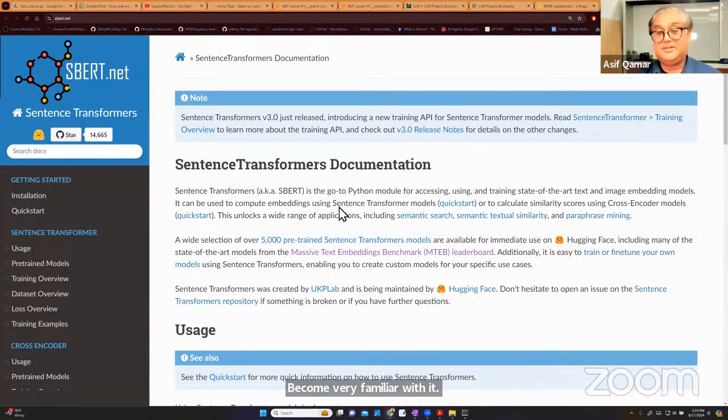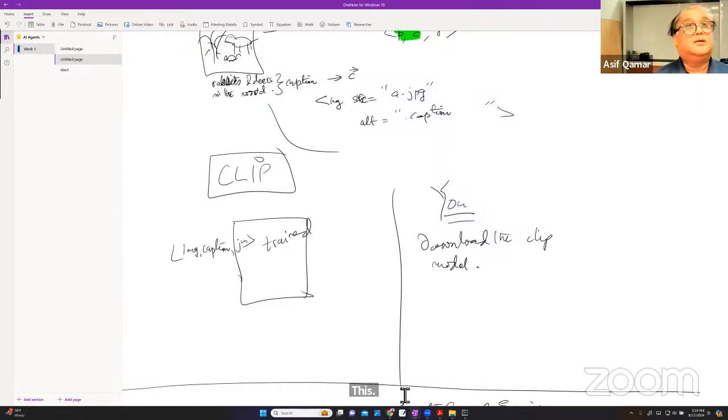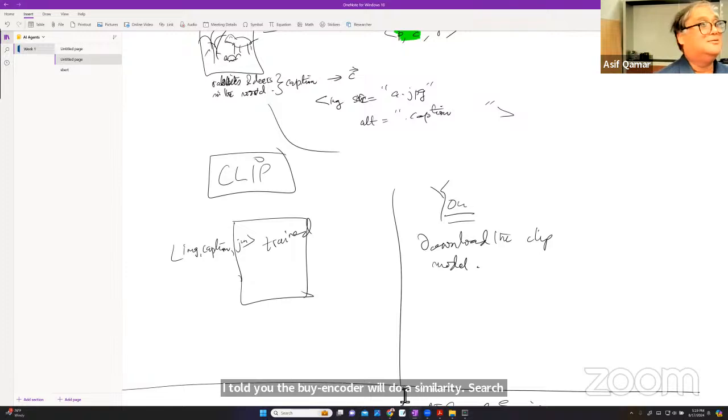But now it leaves us with one question, getting back to practicals. What about the fact that this slightly underperforms the gold standard? Without this cross-training, without this embedding triplet loss, if I just take a bi-encoder, I told you the bi-encoder will do a similarity search slightly better than going the indirect way of first converting them to vectors and then comparing vectors.